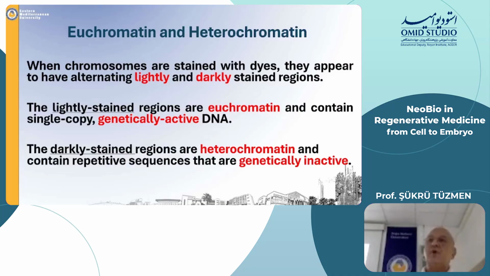I will give you examples of what they are. The parts of the chromosomes that are stained lightly are the regions that do not absorb a lot of dye because they are not as compact as the heterochromatic parts. There's a reason why they are like that.